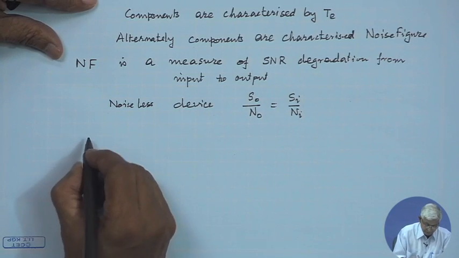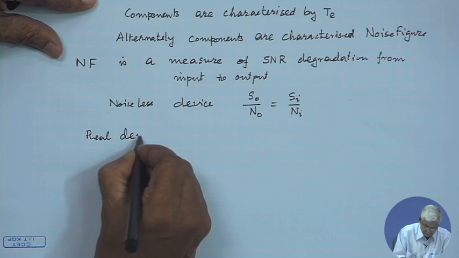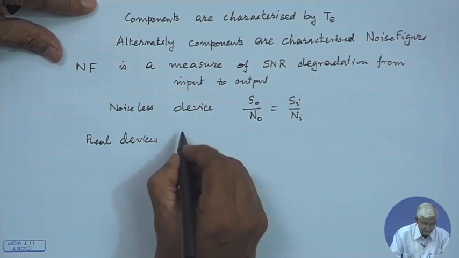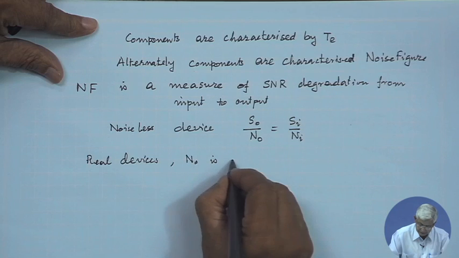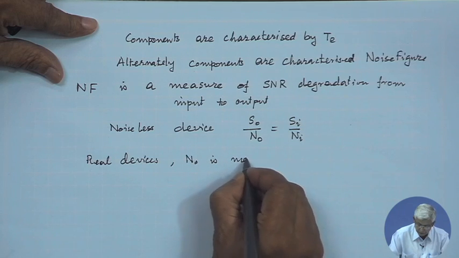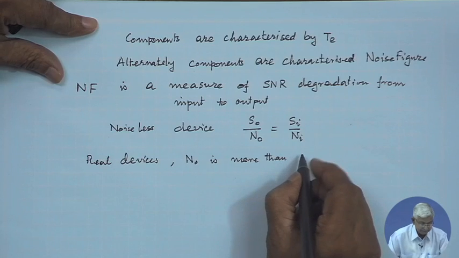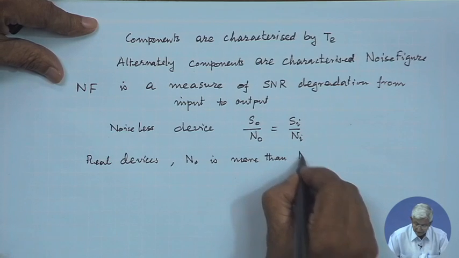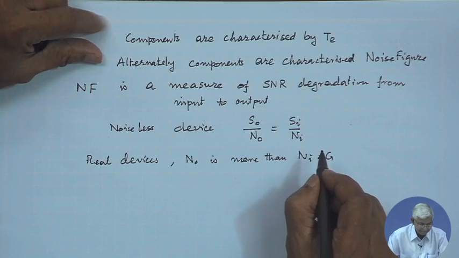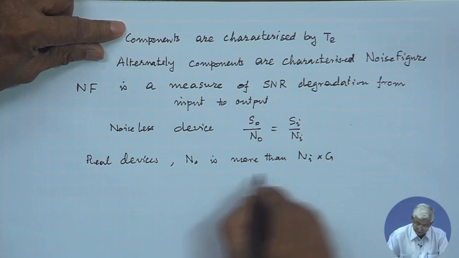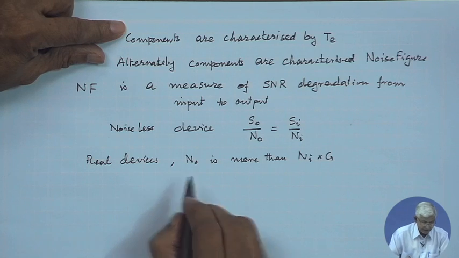But for a real device, that N0 is more than Ni into G if there is a gain. So, signal to noise ratio is less at the output.